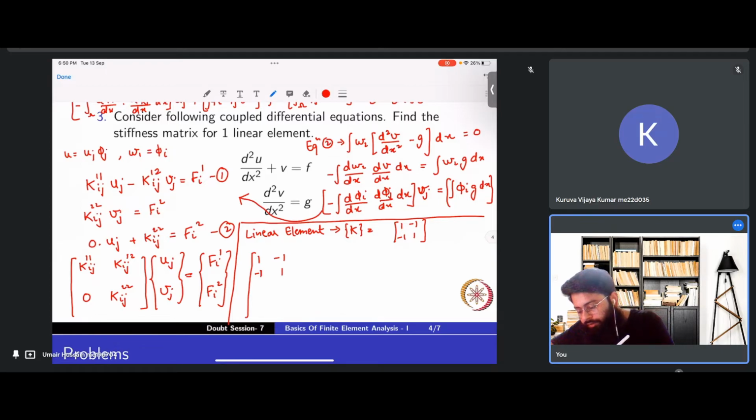And the same for the other one, if we are taking the same shape functions. Here we have all zeros, so that's a zero matrix here. And again we have 1 minus 1 minus 1 1.